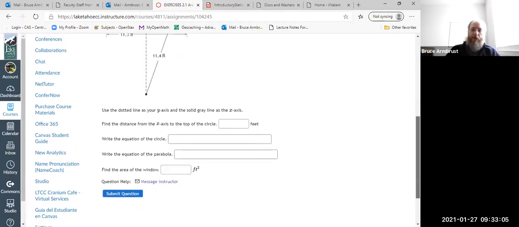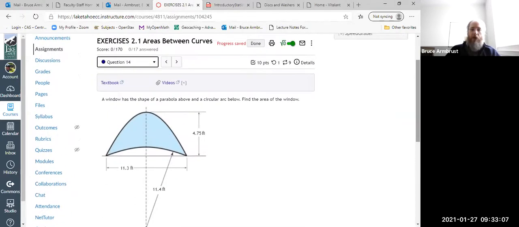And again, you've got a couple of choices. One, you could do the area under the parabola and then subtract off this circular chunk, and you can use geometry to do that.